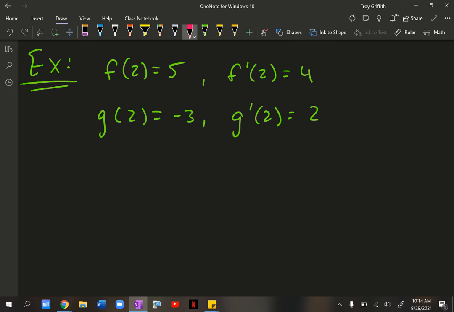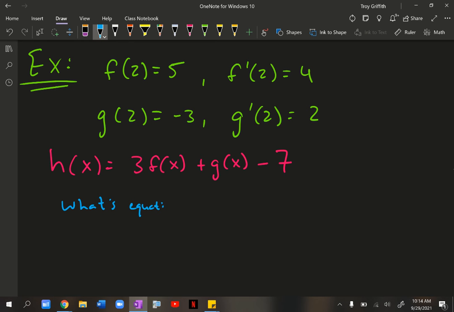And then let's say that I told you that h of x was equal to 3 f of x plus g of x minus 7. The question I want to ask is, what's the equation of the tangent line to h of x at x equals 2?